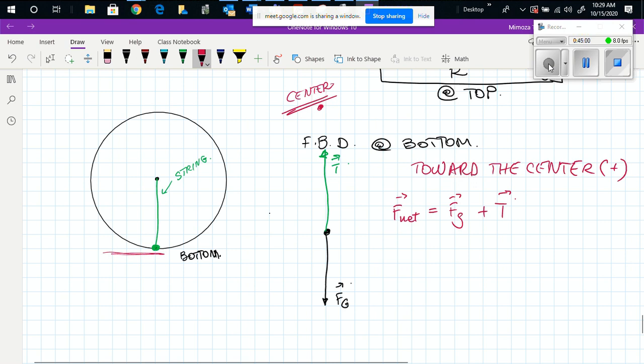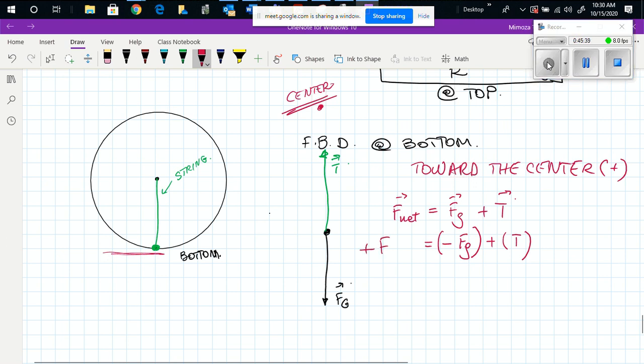Now, force of gravity going away from the center, is it positive or is it negative? Force of gravity going away from the center is negative, and tension going toward the center is positive. What about force net, which is the centripetal force? Is it positive or is it negative?